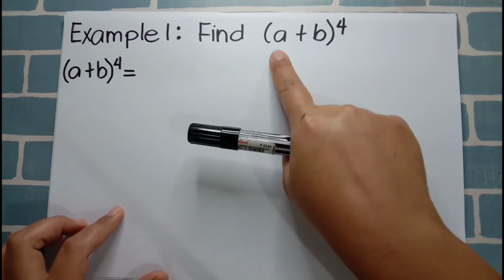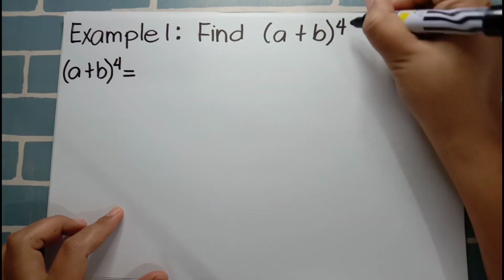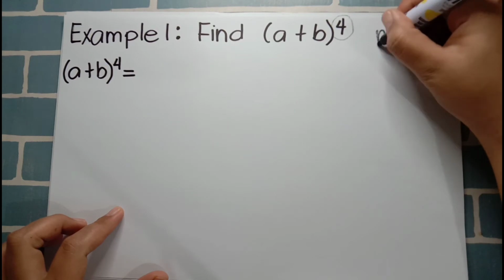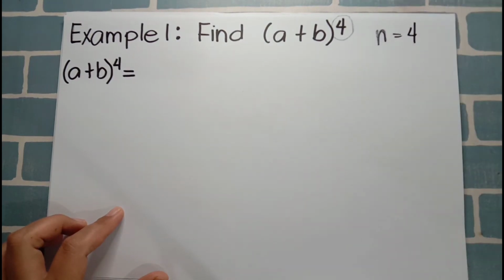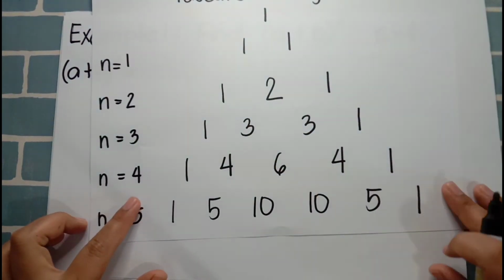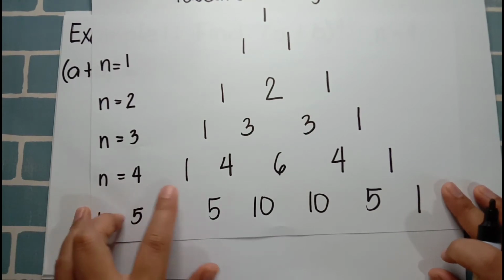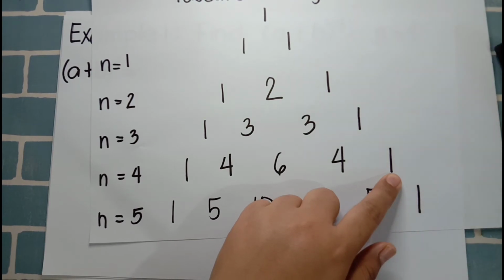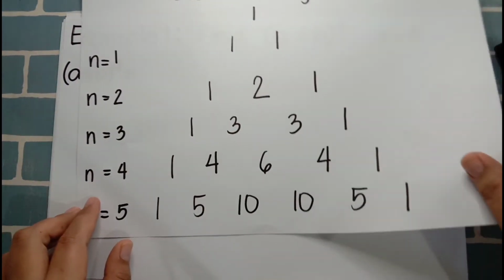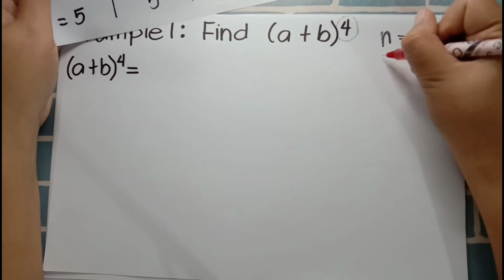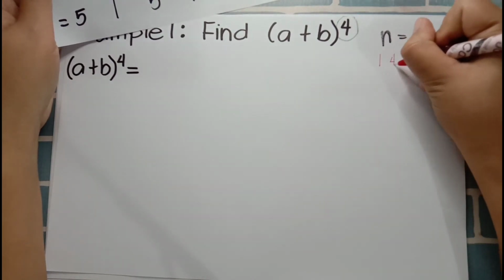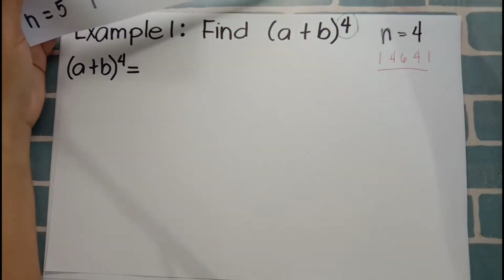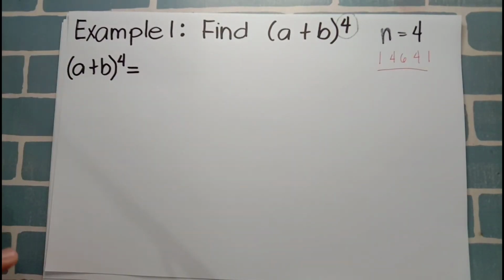Now let's have example number 1: (a + b) raised to 4. Our degree is 4. If we look at the coefficients in our Pascal's triangle, we will use 1, 4, 6, 4, and 1. Those are what we will multiply to the terms of our binomial. We will write it here so we can remember.